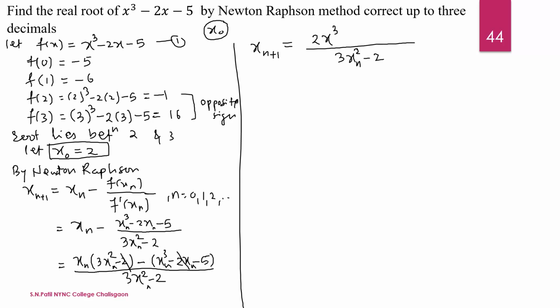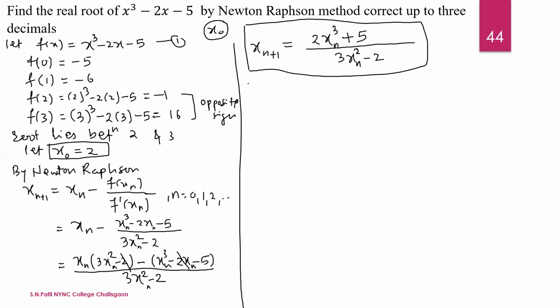Now the minus sign is multiplied here, so 5 is remaining. We get the formula 2 times x cube plus 5 divided by 3x square minus 2. So this is the general formula.